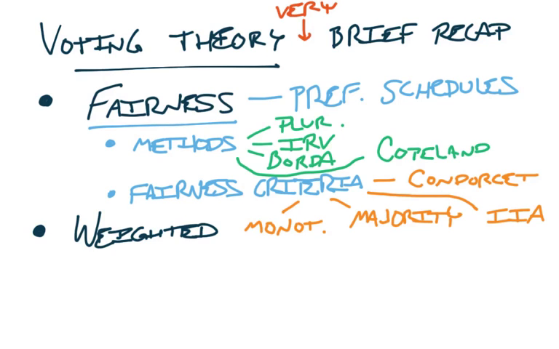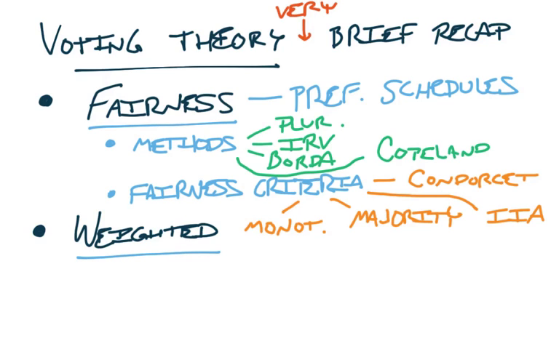Not only understanding how to determine whether a certain method is or is not fair according to certain criteria, but also just straight up using the methods to determine who wins different elections. All right, so you've got to have both of those things in your back pocket. You've got to be comfortable with both analyzing the fairness of a certain method and also determining who wins based on Copeland's method or Borda's method.